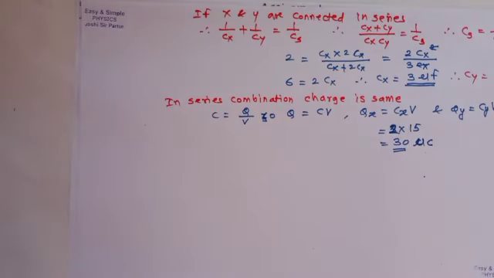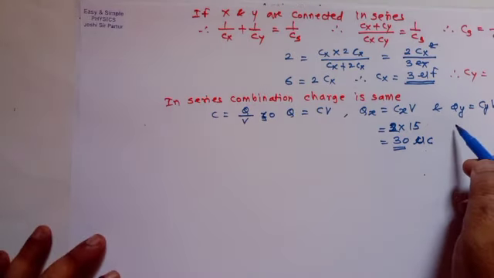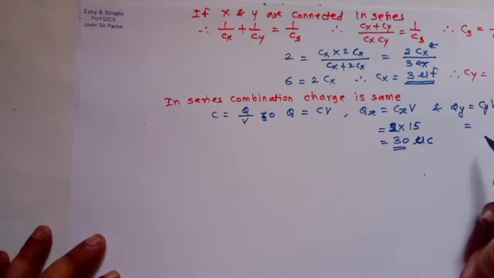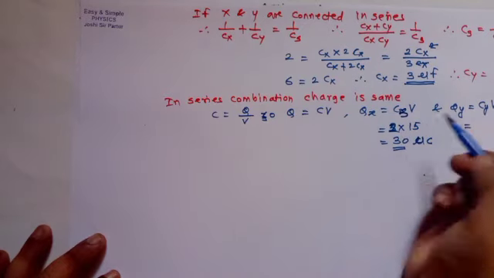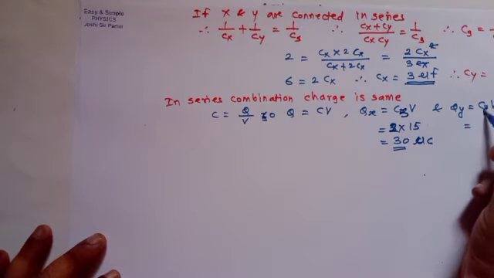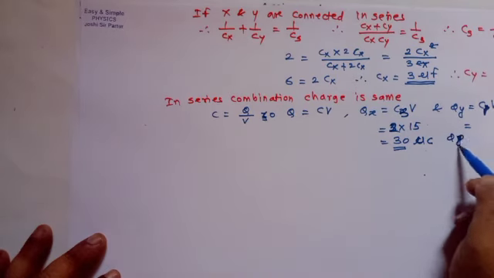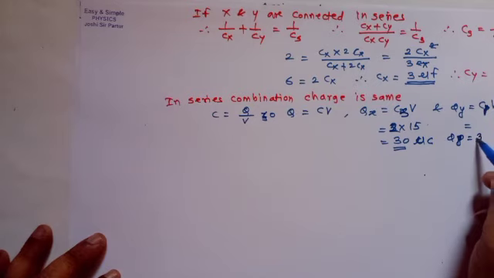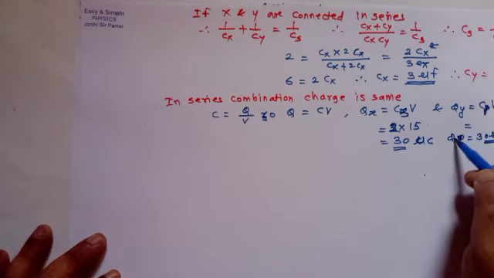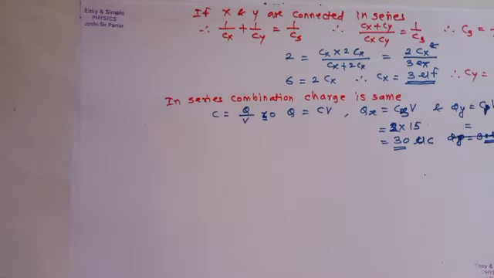Qx is 30 microcoulomb, which is same as Qy. So here Cx and Cy are in series combination, so Qx and Qy will be same.